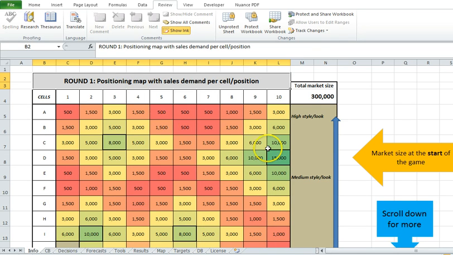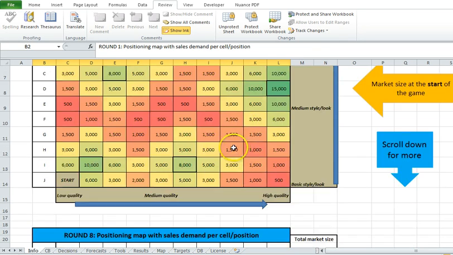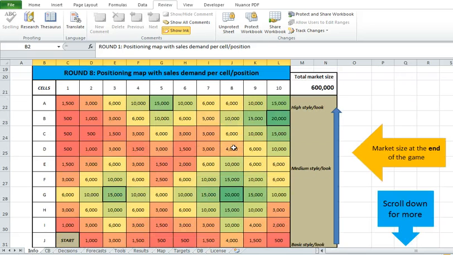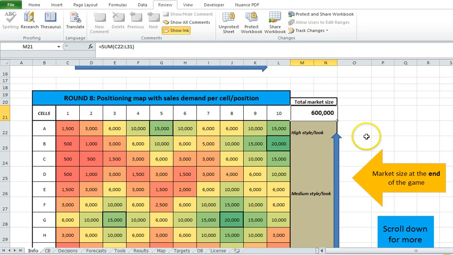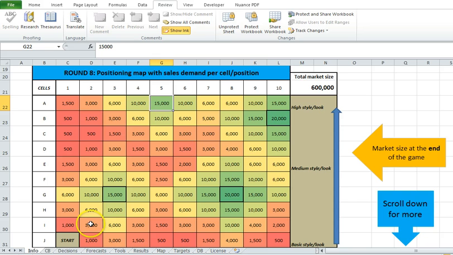You play the game for 8 rounds, and immediately underneath is the same positioning map, but this time for round 8. And as you can see, the market size was 300,000, it's 600, so it's doubled in size. And the centers have moved, so the fashion segment started over here, for example, moves up to there. The budget segment starts here, moves up to there.